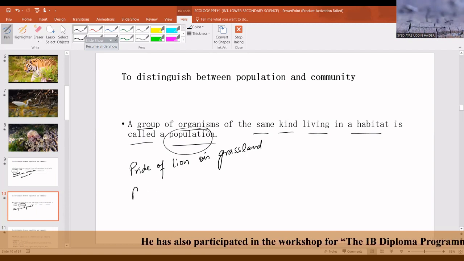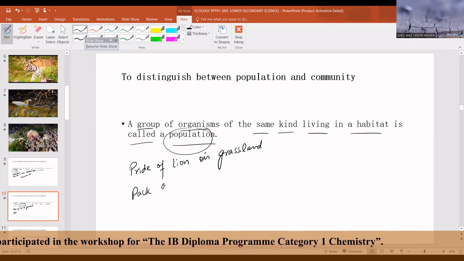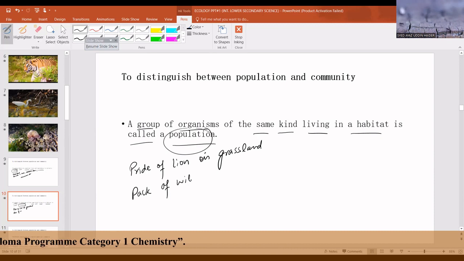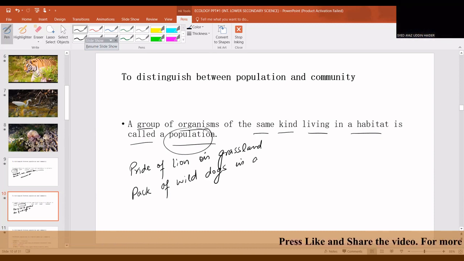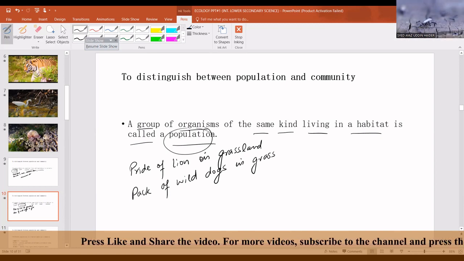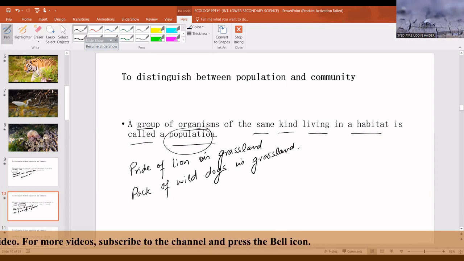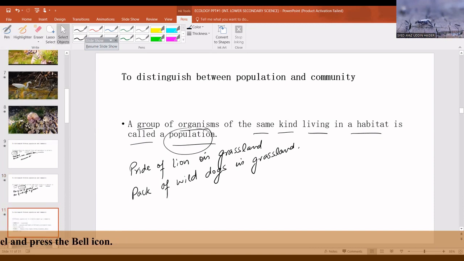We have a pack of wolves, a pack of wild dogs in grassland. These are some examples of population of lions and wild dogs.